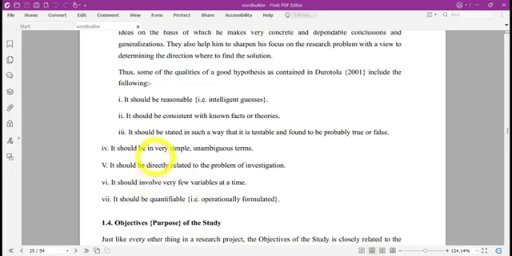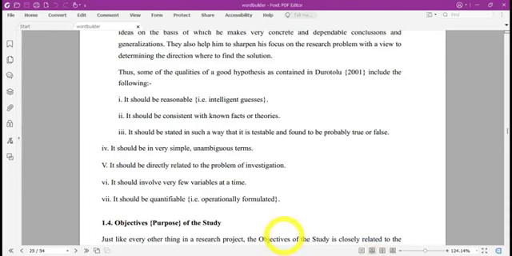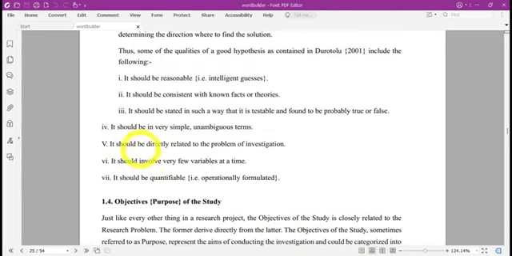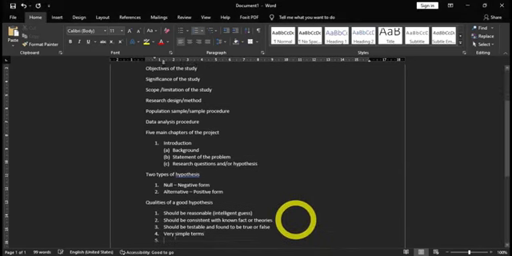Number 4, it should be in very simple, unambiguous terms. Very, very simple and unambiguous terms. Five, it should be directly related to the problem of investigation.